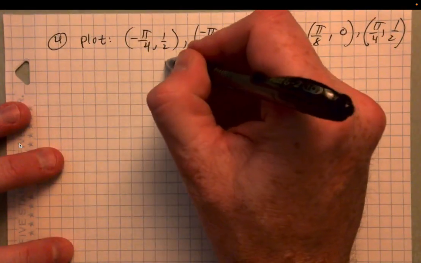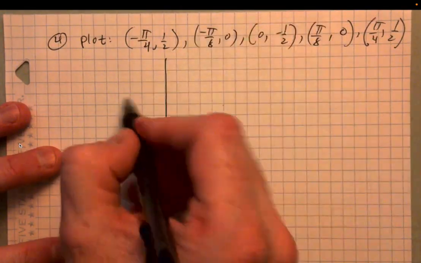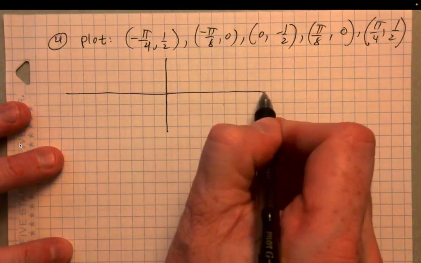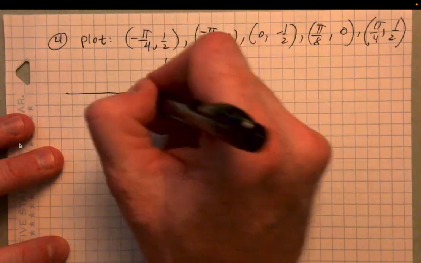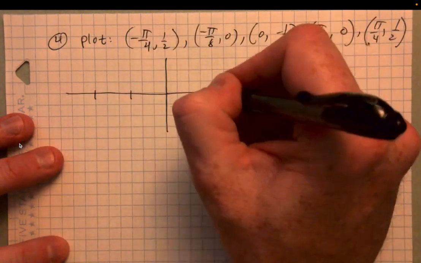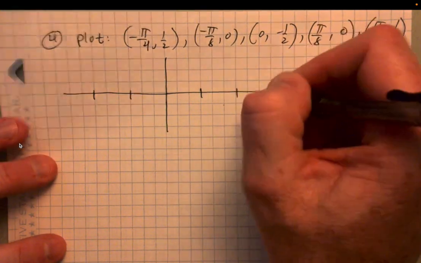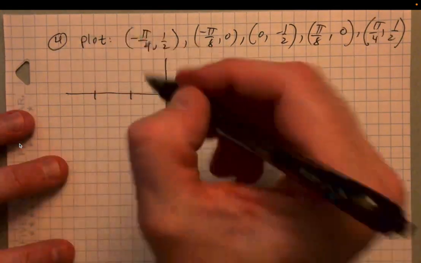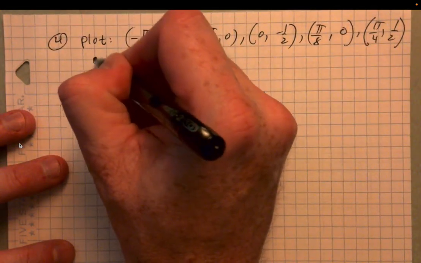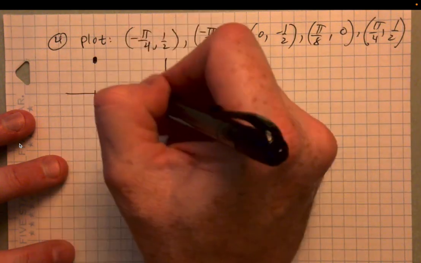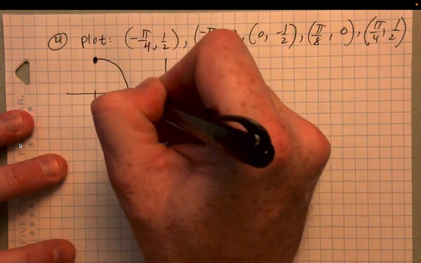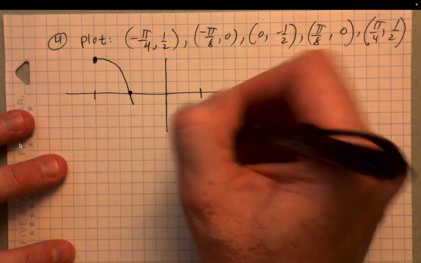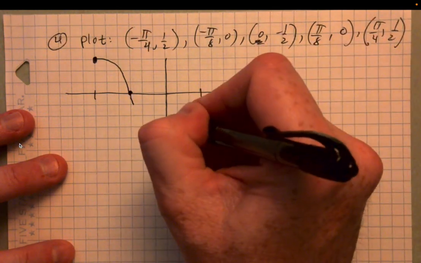For this one, I think we'll put it a little more in the center here. We'll go back 2, forward 2. So up back here is where we're at the top, and then it comes down. It looks like this. And then at 0, this guy here is at negative 1/2.